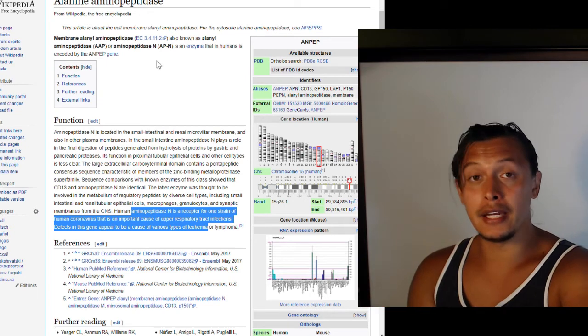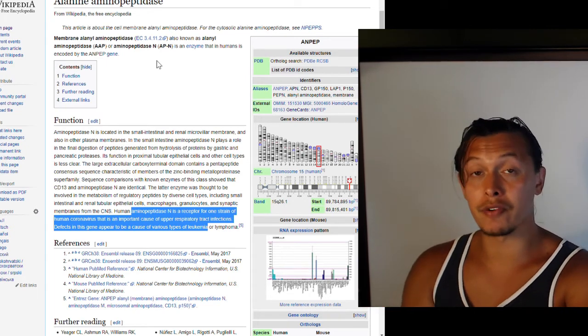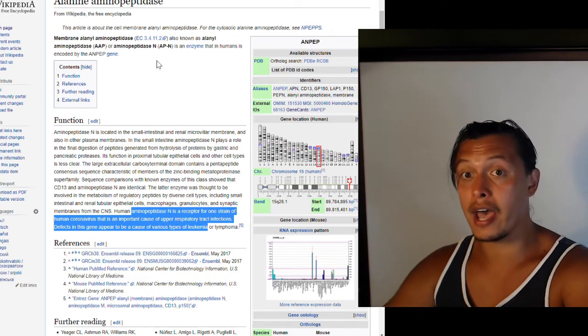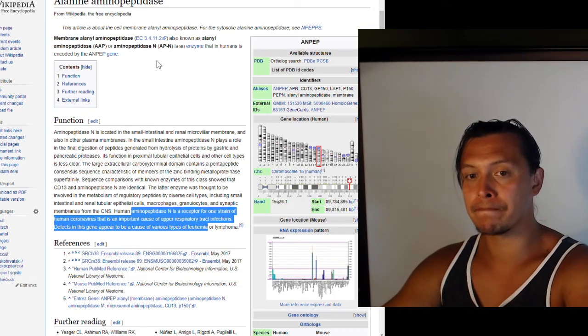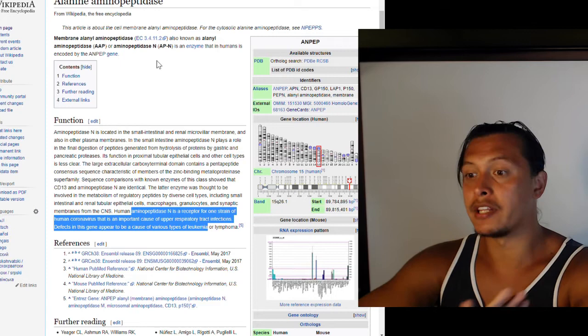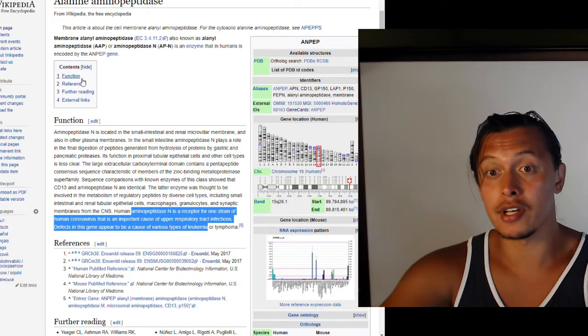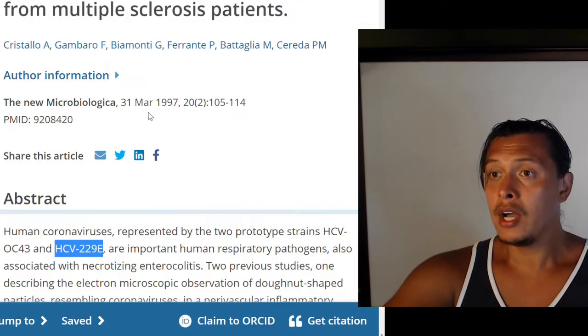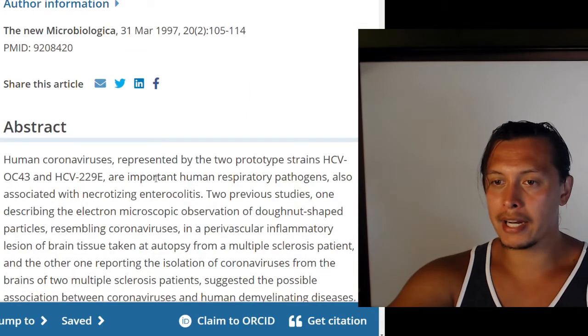Granted, there might be other enzymes that are necessary for the virus to actually get into the cell, so don't take it as gospel that it can actually infect all the cells. Just know that those cells are expressing the receptor. So let's go back to this.